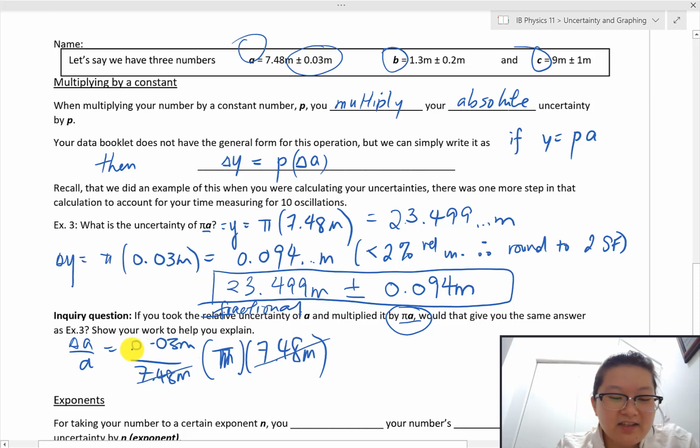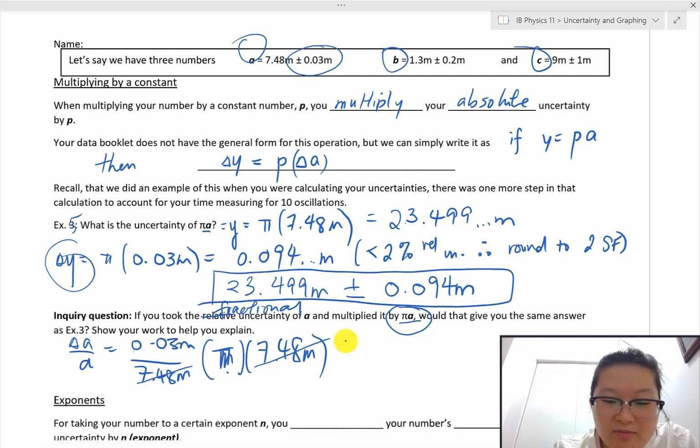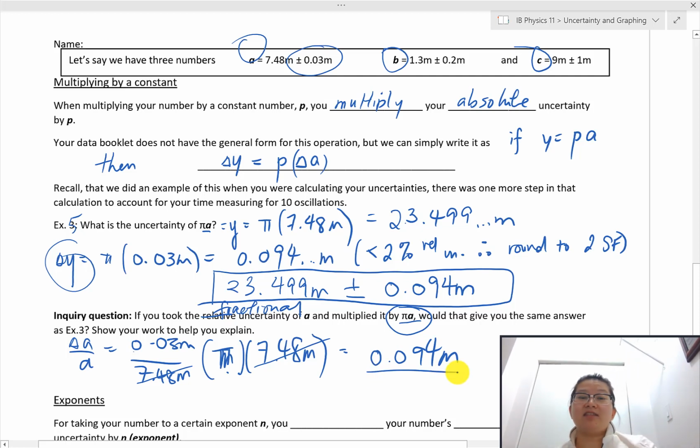Yay! That leaves you with 0.03 meters times pi, which is exactly how you did it in the previous example. That should say example 7. No, wait, 1, 2, 3, 4, 5. This should say 5, okay? Oh, my previous example numbers were wrong too. Anyways, not important. So that's going to give us the same number, 0.094 meters, okay? It is exactly the same thing.